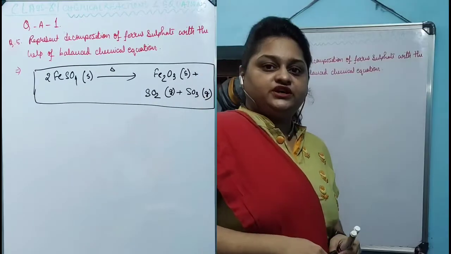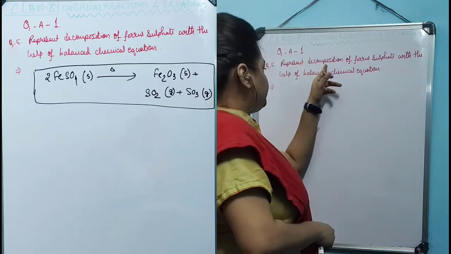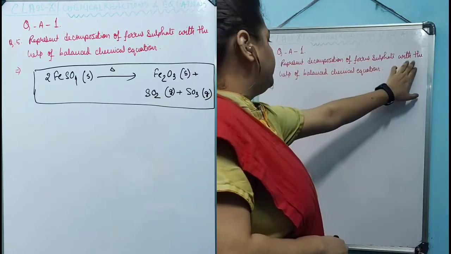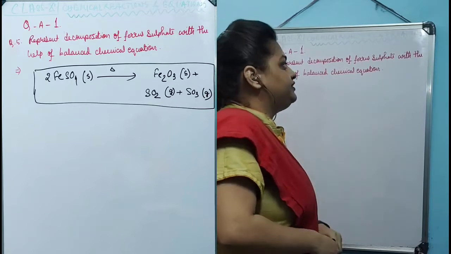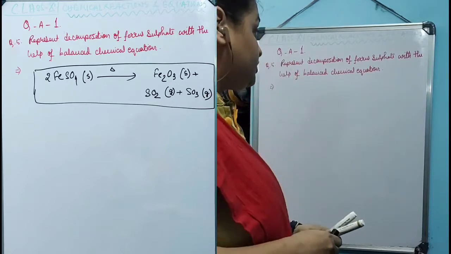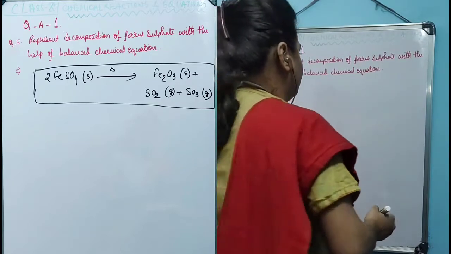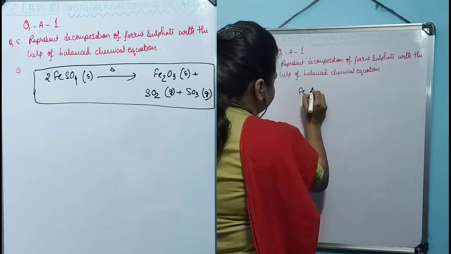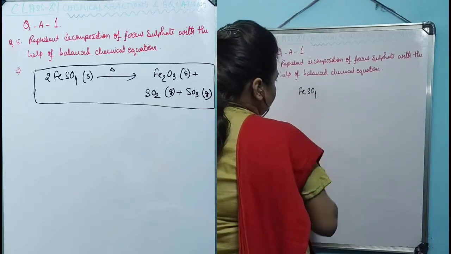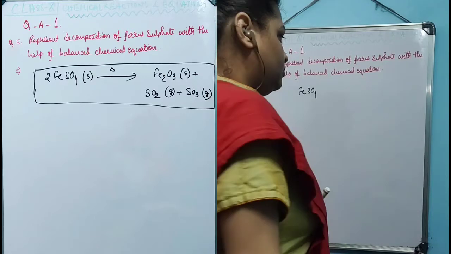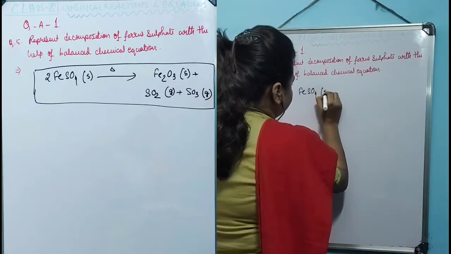The fifth question is, represent the decomposition of ferrous sulfate with the help of a balanced chemical equation. The chemical formula of ferrous sulfate is FeSO4. Now, FeSO4 is solid in nature.